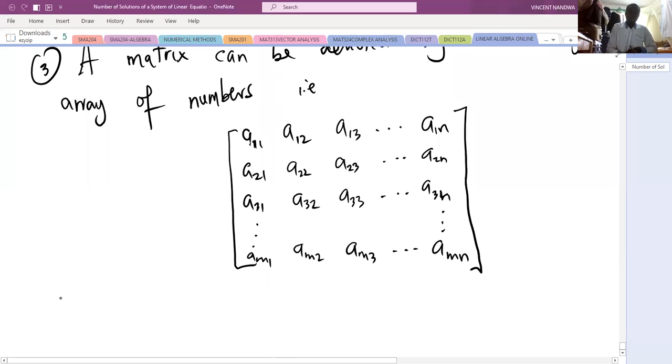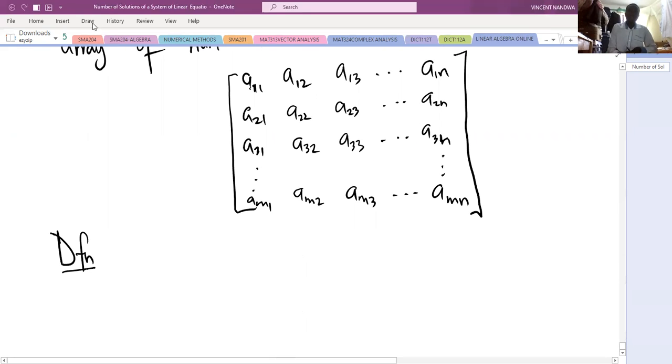So let's give a definition of equal matrices.